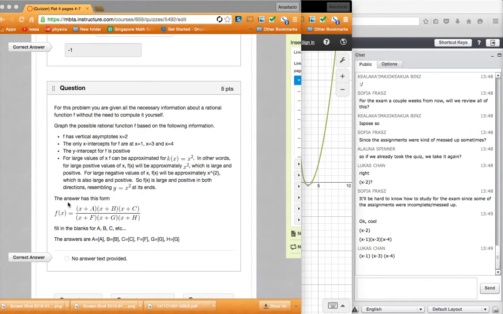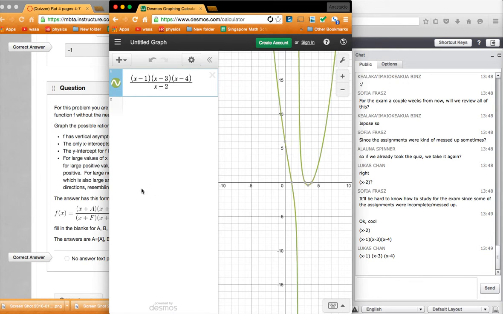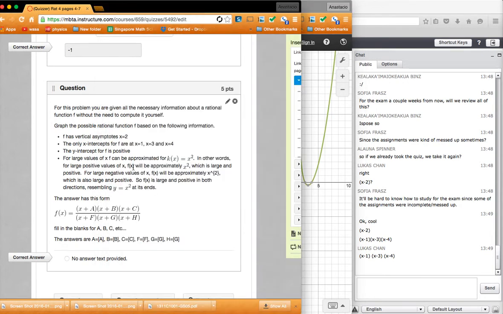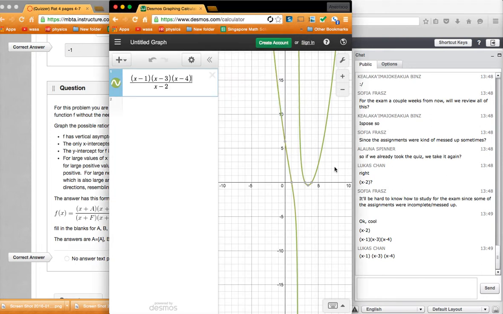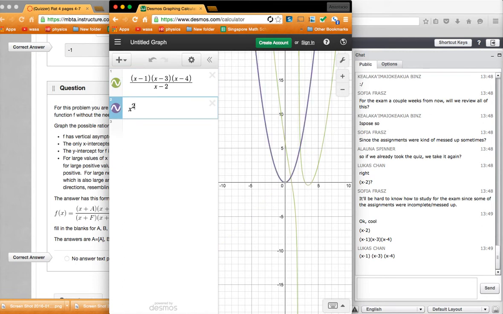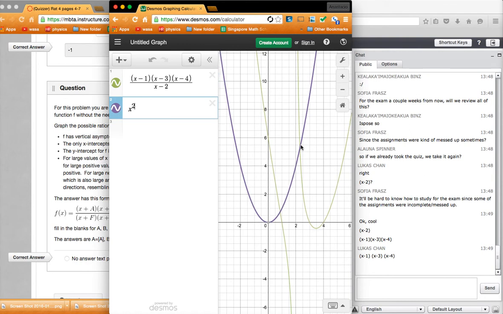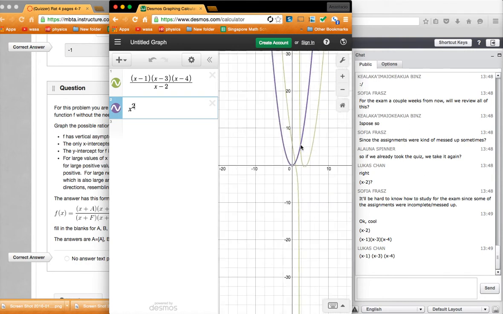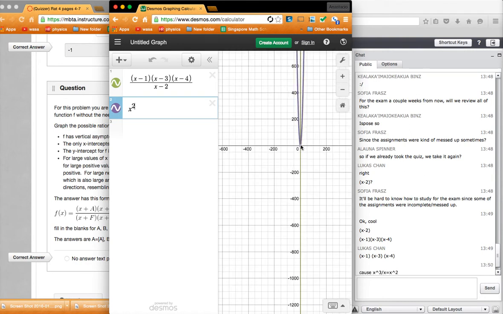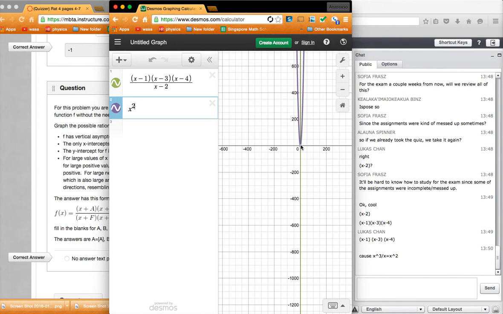And I told you that the y-intercept is positive. Is that the case here? Yep, good. For large x values, we can approximate this graph to be looking like x squared. So let me graph x squared. And you guys are thinking, oh, that doesn't look the same. And I'm saying, well, it kind of does when you zoom out. Yeah? And you're right, so Lucas, exactly.